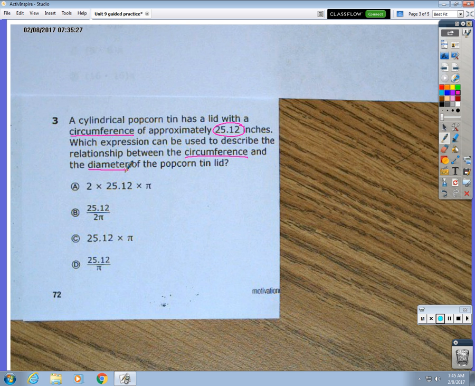Our formula to calculate the circumference of a circle when we are talking about the diameter is circumference equals pi times d.